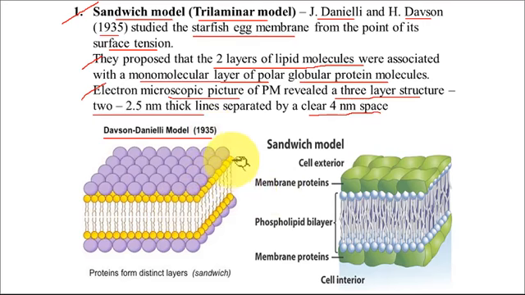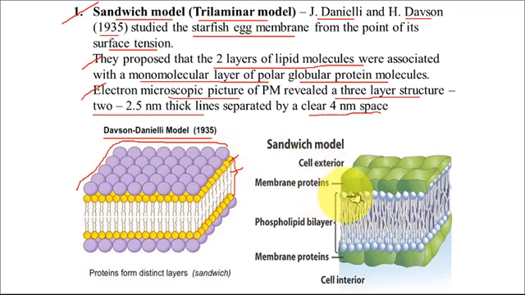Here you can see the phospholipid bilayer, two layers, where the head region is there and the inner tail region is there, and above that we find these globular structures, which are nothing but the globular proteins.